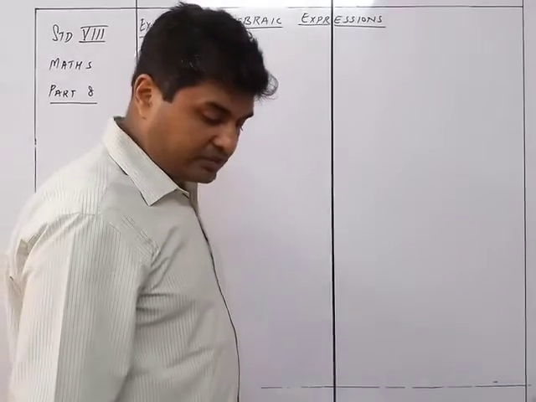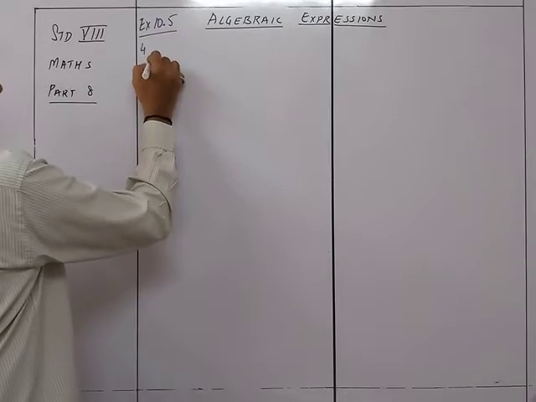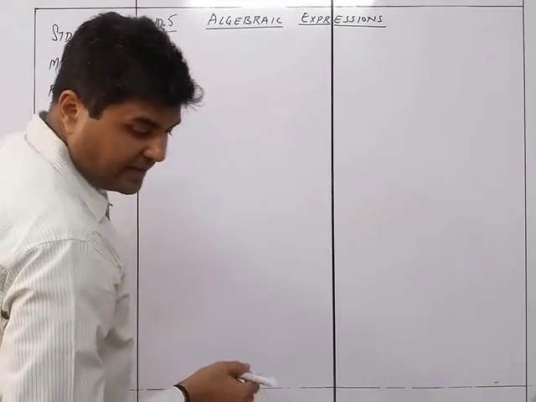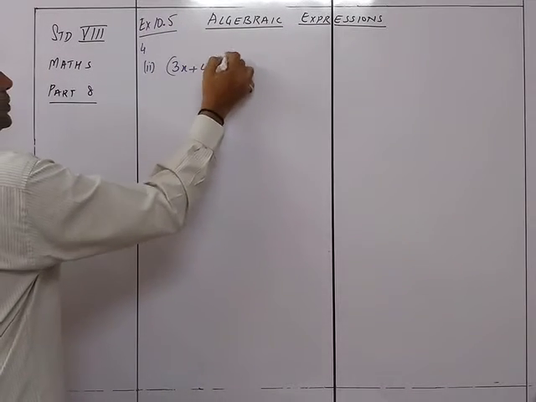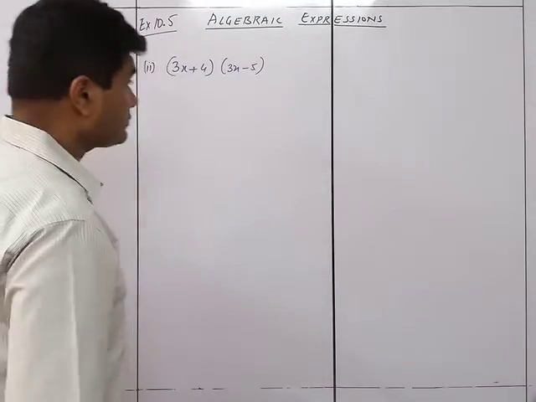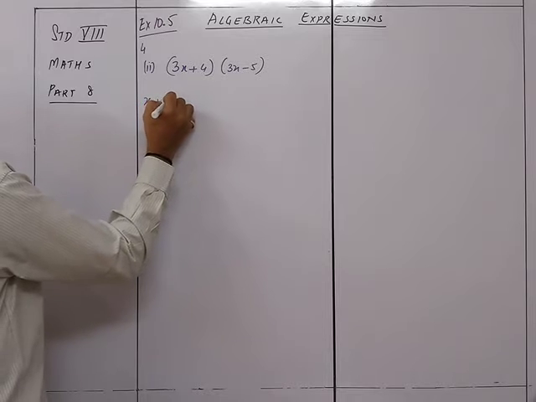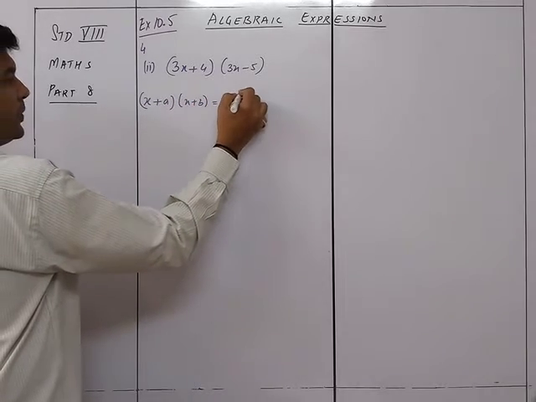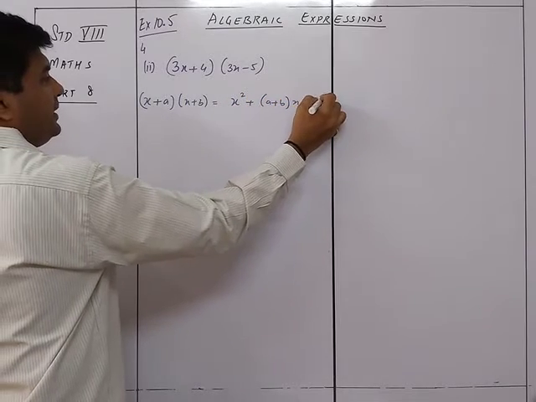So we are on question fourth ka second. They have given us (3x plus 4) into (3x minus 5). So the formula we will be having is (x plus a) into (x plus b) is equal to x square plus (a plus b)x plus ab.